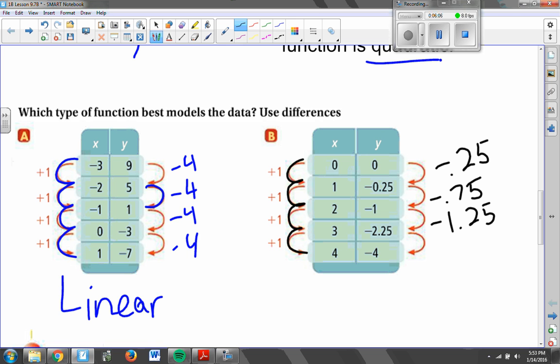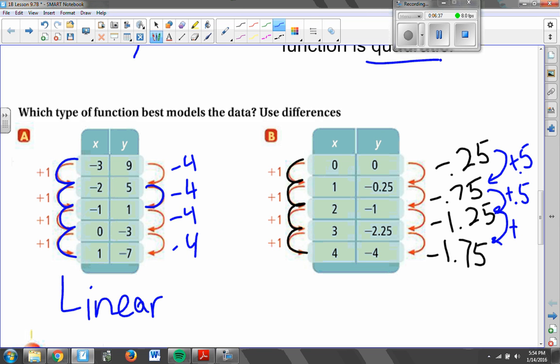And to go from negative 2.25 to negative 4, if I were to subtract those two numbers, I'd be taking away 1.75. If we think of this in terms of money and quarters, I think we can see that every time I go down, obviously my difference is changing. But my second difference, these differences, I believe are all 50 cents.